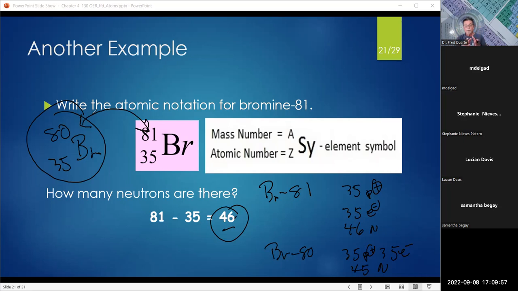They're both bromine. They both have 35 protons. They both have 35 electrons. Where they differ is that bromine 81 has an extra neutron, so it has more weight. A little bit heavier because of the excess weight.